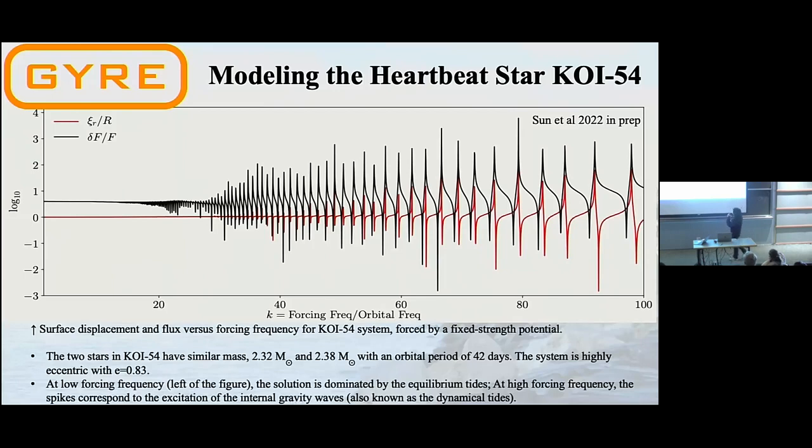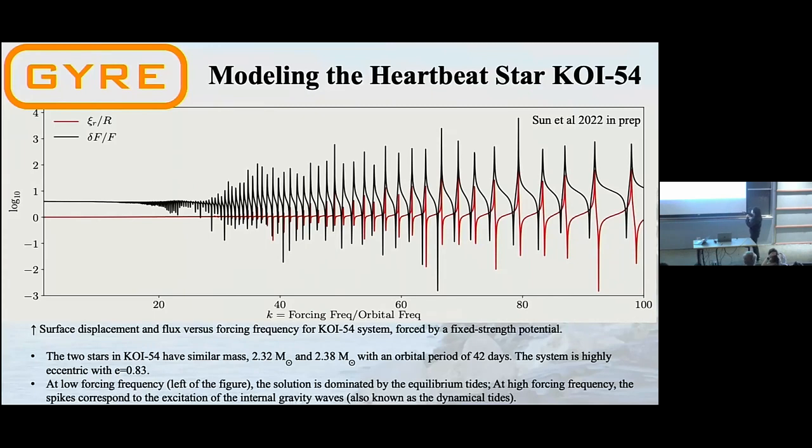Okay, so the result for the surface response, near the surface of the star: if we force the star at a very slow rate, where the forcing frequency is small, which corresponds to this part of the plot, this region is dominated by the equilibrium tide.